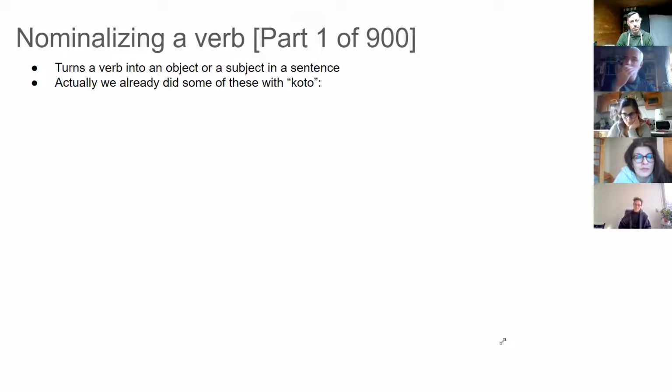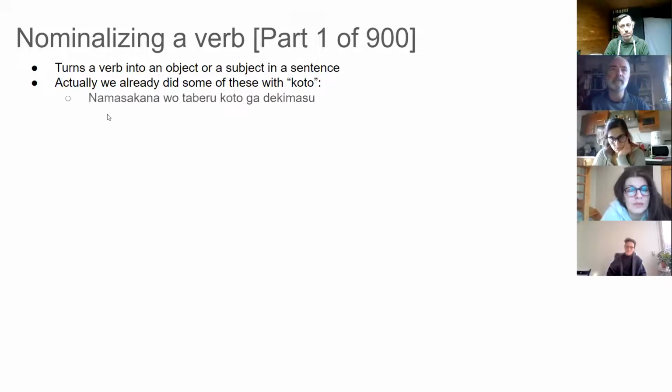All of you have done at least two versions of this, for example, namasakana o taberu koto ga dekimasu. So this talks about ability, potential. We put the verb namasakana o taberu into a nominalized form using koto and say, I can do it, which means I can do the eating of raw fish.